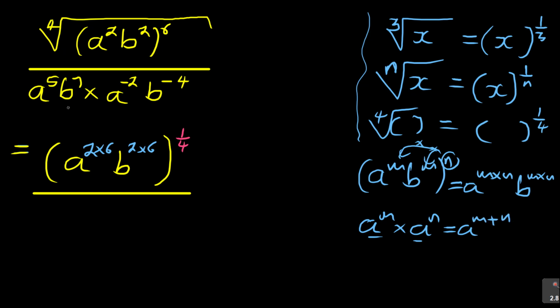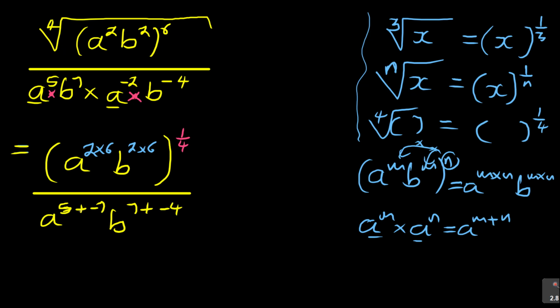So you can see that there is multiplication here, but the key part is a to the power of 5, there is a times there, and there is a times there. So you can even put a multiplication sign between those, so that it becomes a to the power of 5 plus negative 7, because the a and the a is the same, as well as b to the power of 7 plus negative 4.